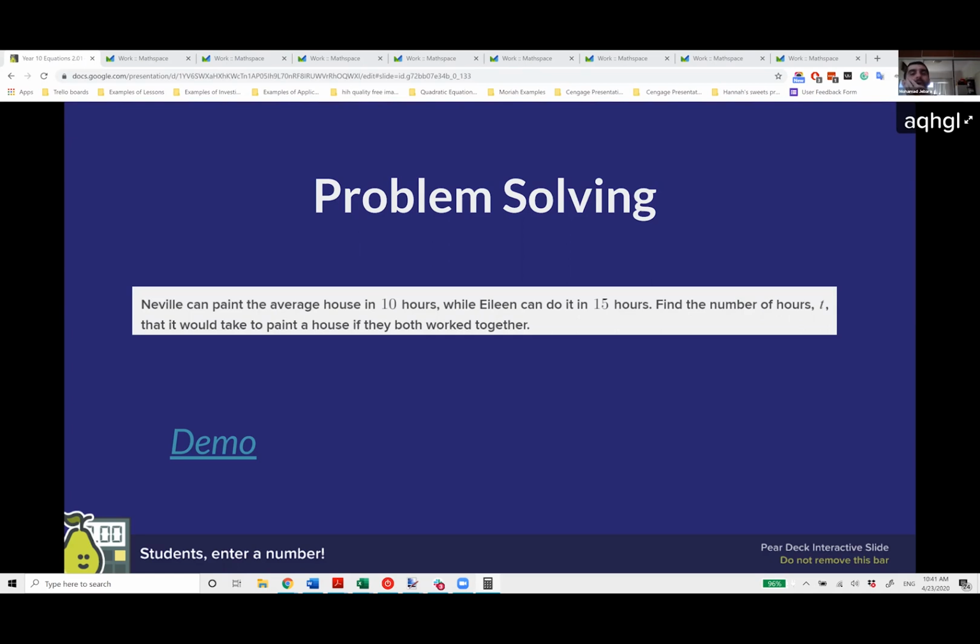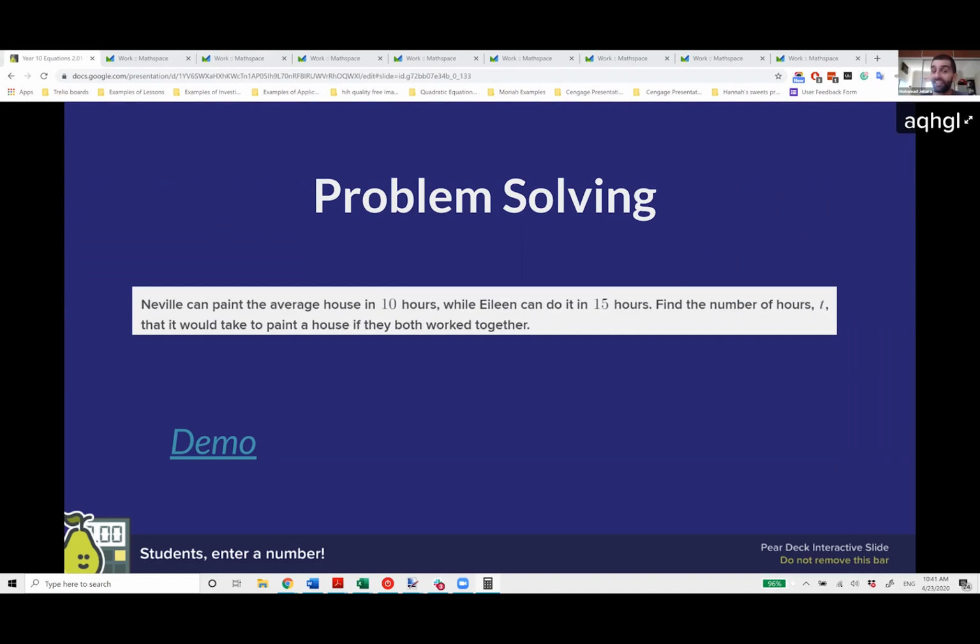Okay, I want the person who came up with 18 to think about it logically. Don't even think about the equations yet, just a reasonableness check. If we have Neville, great painter Neville, he can paint a whole house in 10 hours. Eileen, solid painter, but a bit slower, takes 15 hours. They decide, you know what, we need to finish this super fast, let's work together.